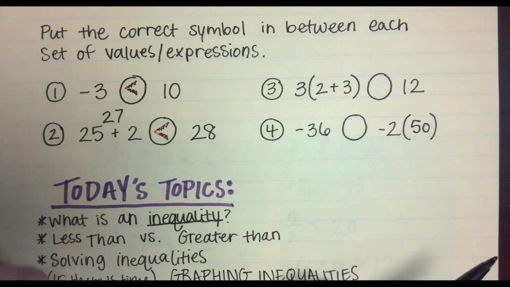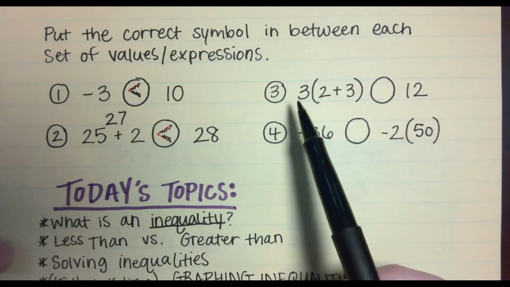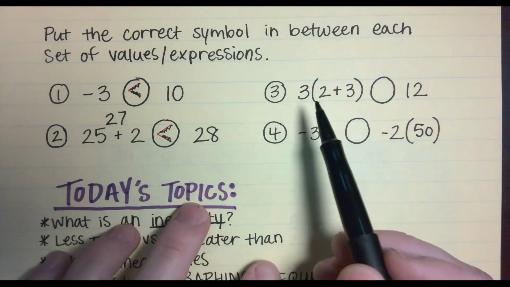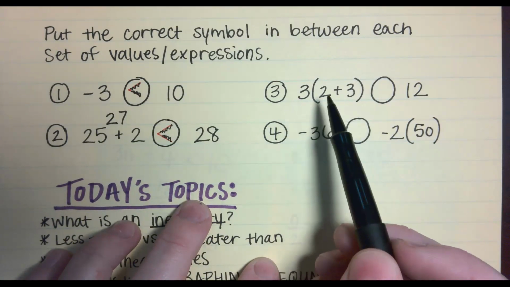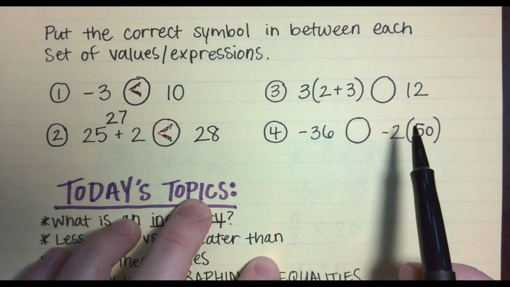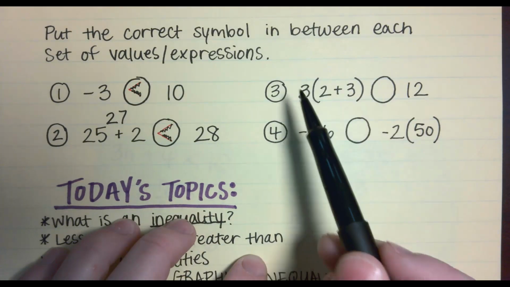Any questions about number 2? Awesome. Let's look at number 3. We have one step even more complicated here. Now I have 3 times the quantity of 2 plus 3 is what than 12. First of all, how am I going to simplify this side?